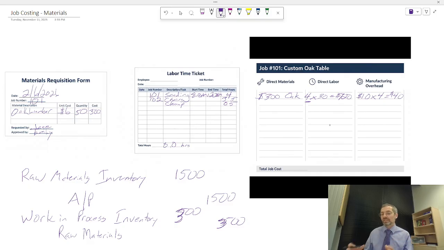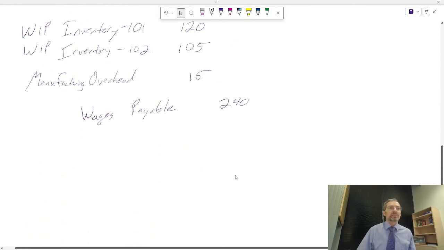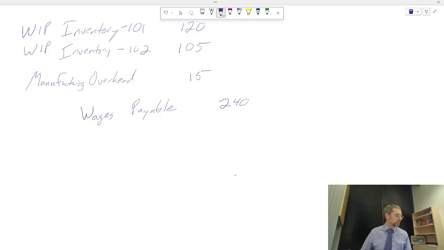We can't directly trace it to the table, but it probably used up approximately $40 worth of other stuff that we can't trace. All right, and what is then the journal entry to put that $40 from the overhead into the table? So that is going to be another journal entry where we are moving it from manufacturing overhead.